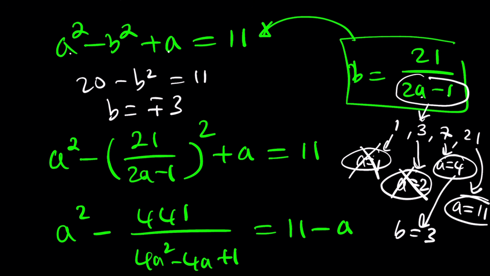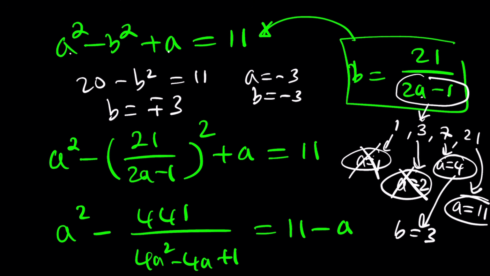Can b be negative 3? In order for b to be negative 3, let's take a look. In order for b to be negative 3, this needs to be negative 7, which means a needs to be negative 3, right? Well, we do know that a can be negative 3, right? So if a is equal to negative 3, then b is equal to negative 3.